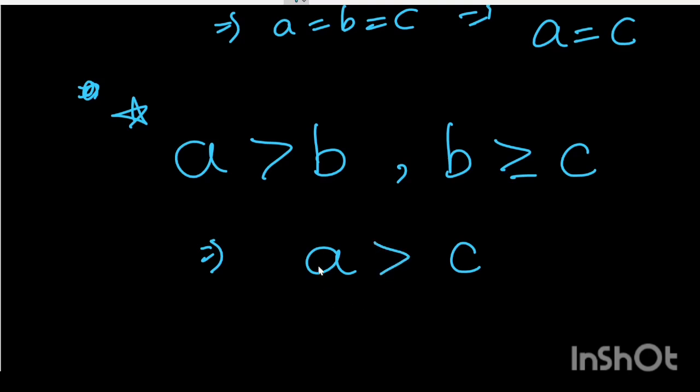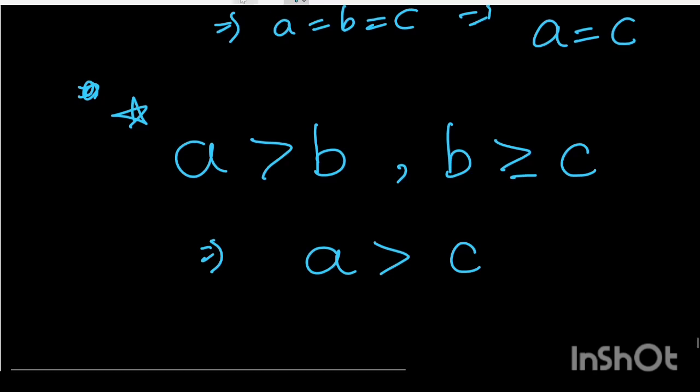So guys, as you can see here, A is greater than B. So even if B equals C, A still would be greater than C only. It can never be, this equality won't come. Okay, so A greater than C only.